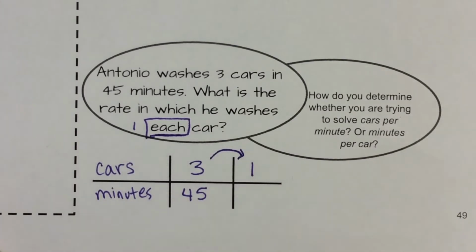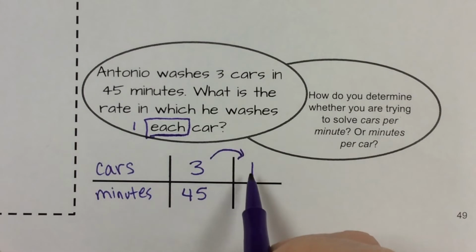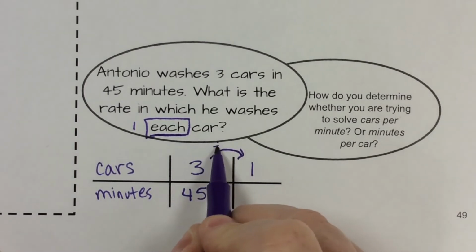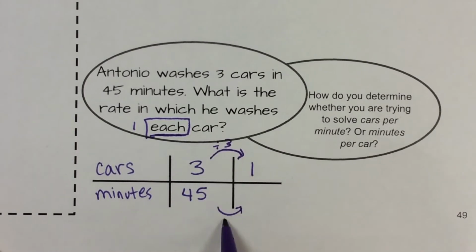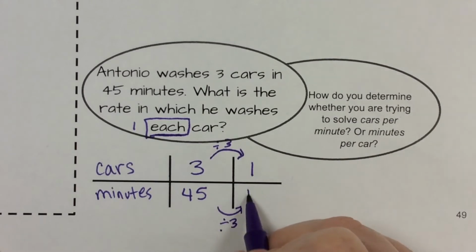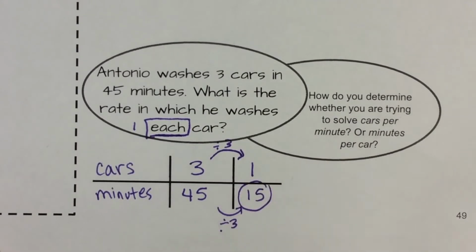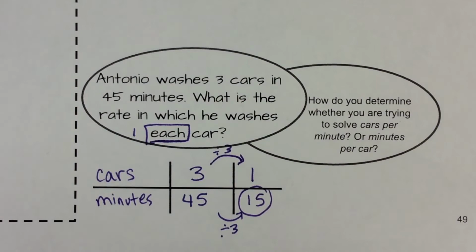We're simplifying it to find the rate that he washes 1 car. So we divide by 3 and we divide by 3. You notice how this ratio table looks exactly like what we've already been doing with our proportions, but now we're just scaling down instead of scaling up as much, okay? So 45 divided by 3 is 15. He can wash 1 car in 15 minutes.